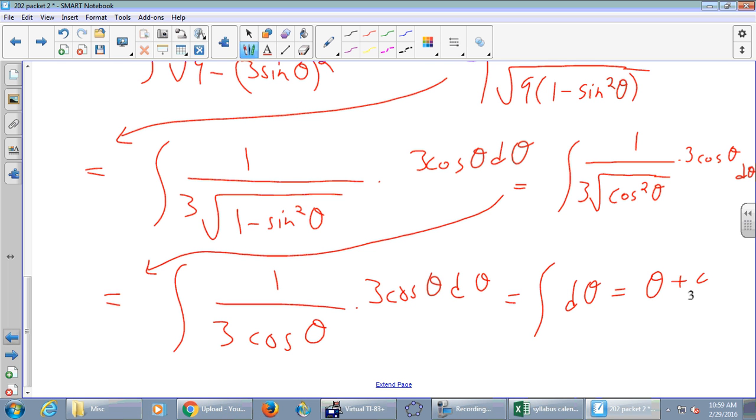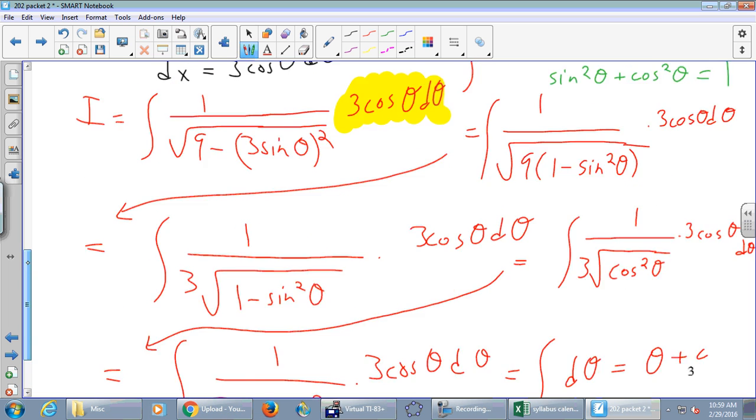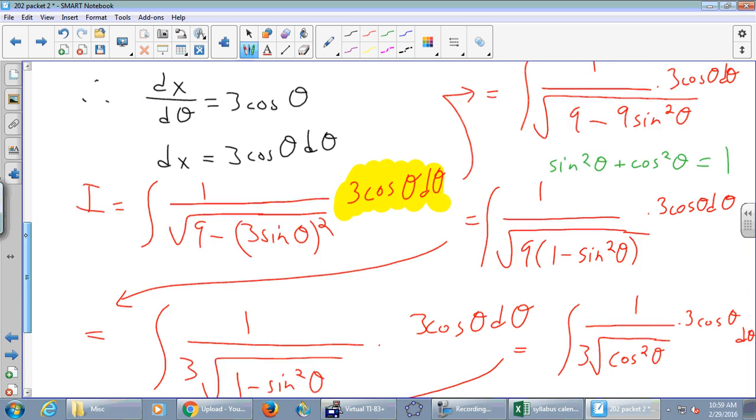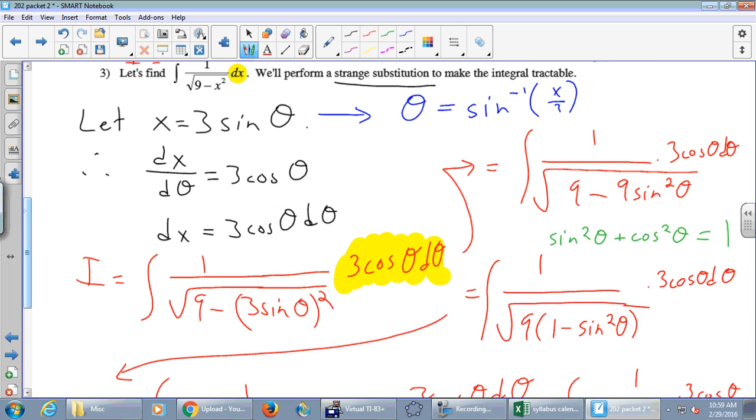we made a substitution, right? The original problem had what variable? X, and this theta is an invention of ours, so we need to go back. Just like at the end of a u substitution, you go back to the x's. So we need to figure out what theta is, and so we've got this definition up here that x is equal to 3 sine of theta. And so I told you not to copy it before, but as Dave said, this blue thing is the solution for what theta is really equal to, right?